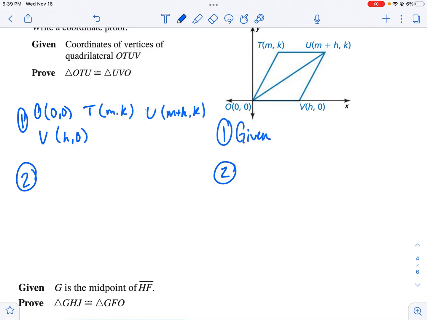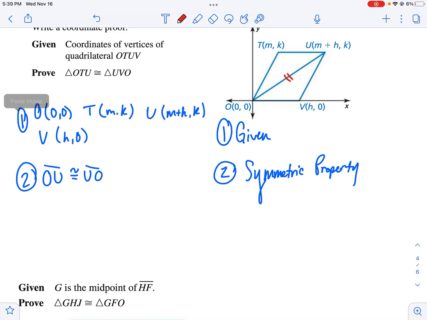Well, I can pretty easily go with OU is congruent to UO by the symmetric property, that shared side in the middle. And now I need two other sides. So I need to show that TO and UV are equal.